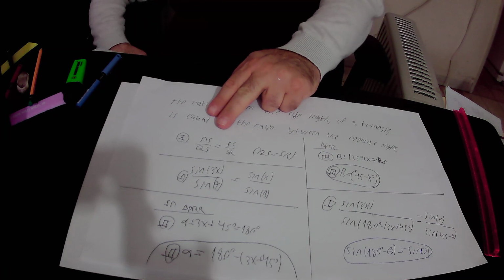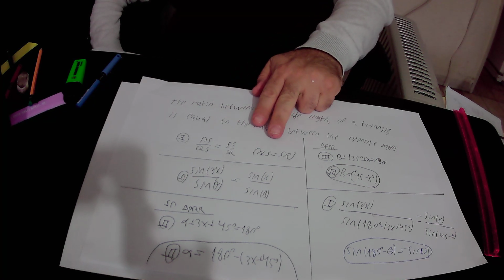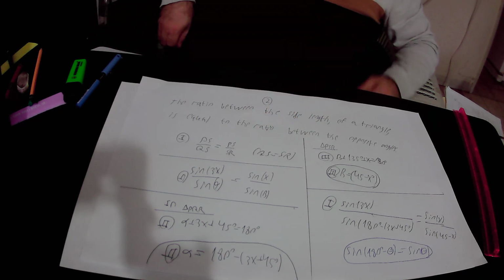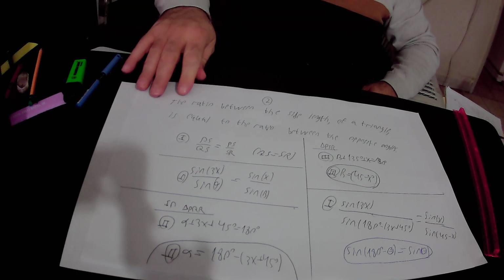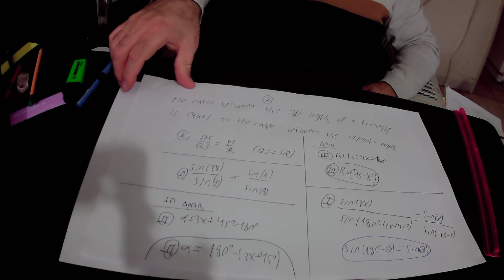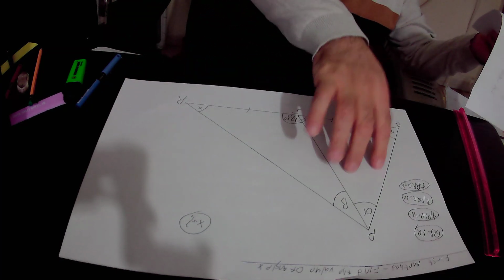I repeat again, PS over QS must be equal to PS over SR, because it is given in the question that QS equals SR. Okay, but according to the law of sines, what we actually derived from the law of sines, PS over QS in triangle PQS, what's the value of PS over QS in this triangle?